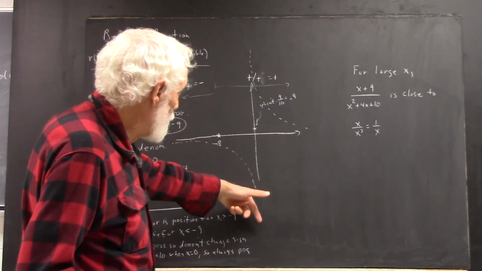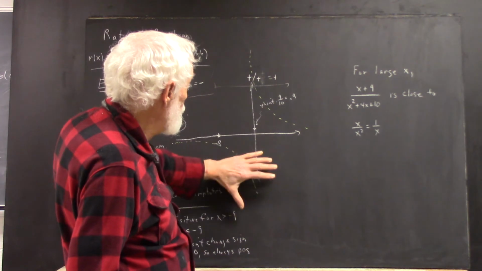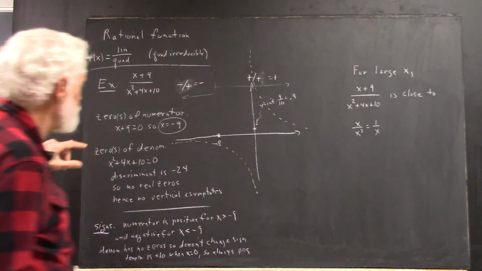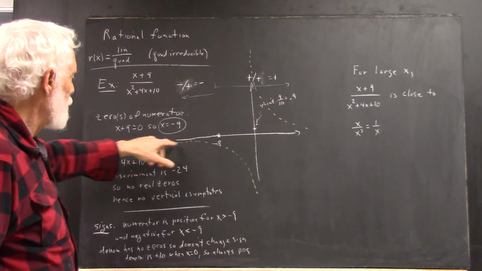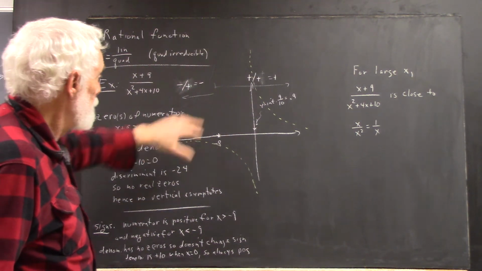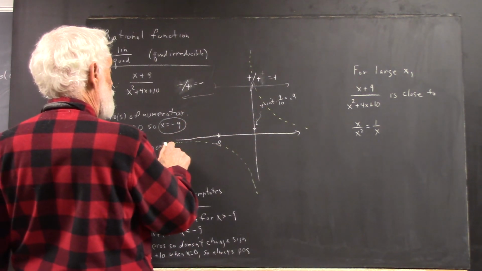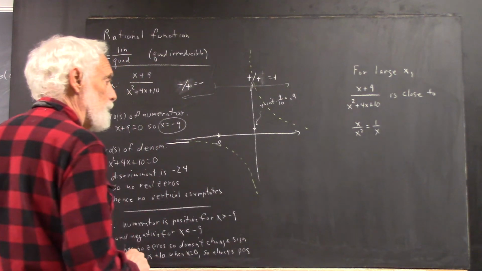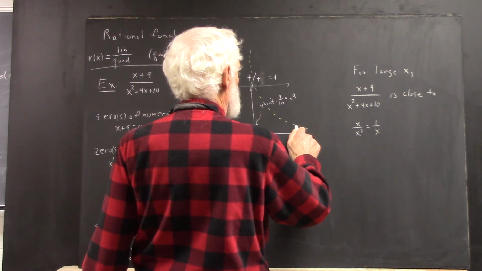So there's no asymptote here, no asymptote here. The thing doesn't even get big here and here because the denominator is pretty big. What happens is that out here, the graph is going to be pretty much like this one. So we know that this graph has to start off like so, and that this graph has to approach something that's very close to the x-axis.